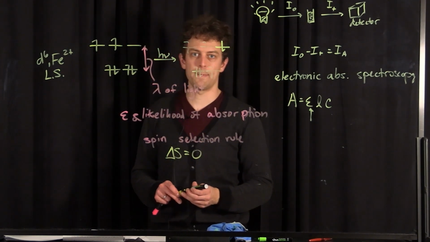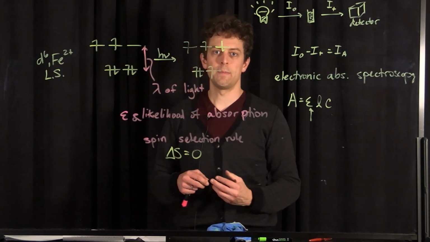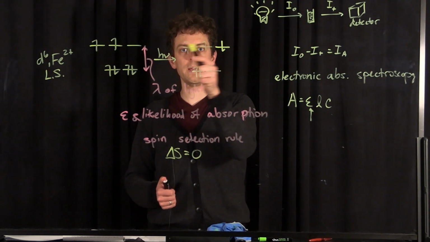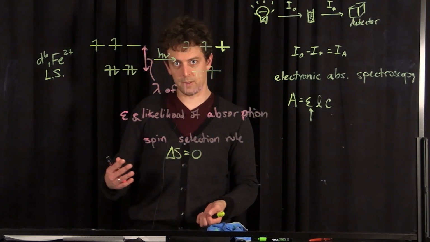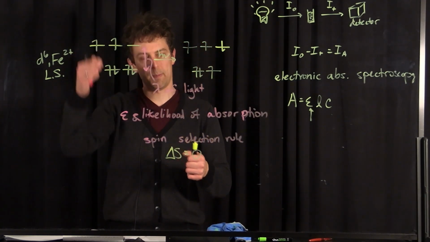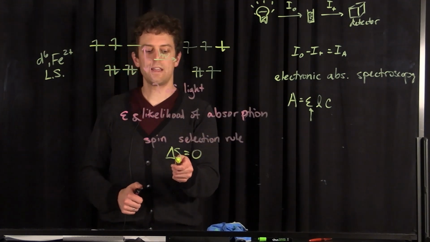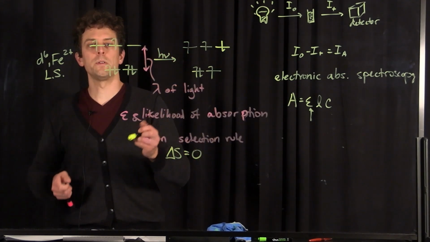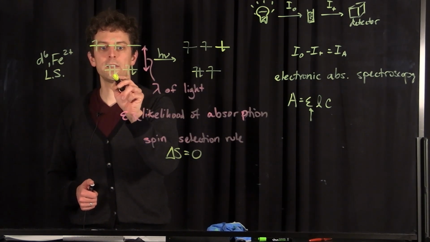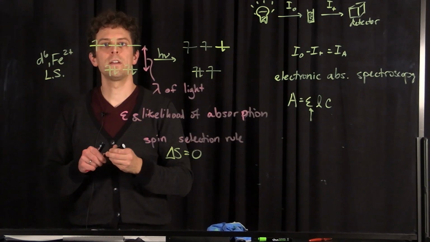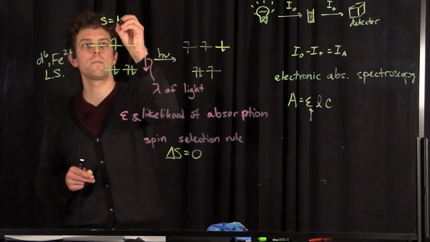You have to remember that that capital S value is the maximum sum of all the individual m sub s values of the electrons. Remembering that m sub s can take either plus 1/2 or minus 1/2, whether it's spin up or spin down. So if we were to calculate S for both of these states, we would get 1/2, 1, 1.5, 2, minus 1/2, minus another 1/2. This is S equals 1 on that side.